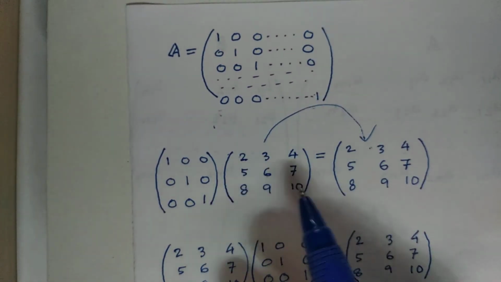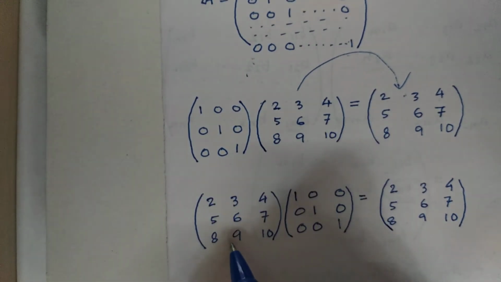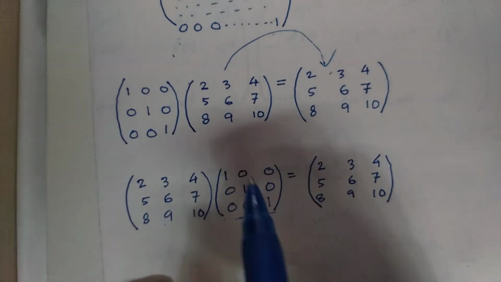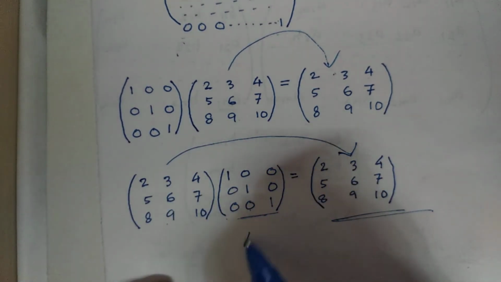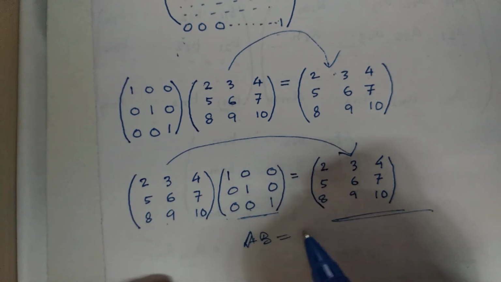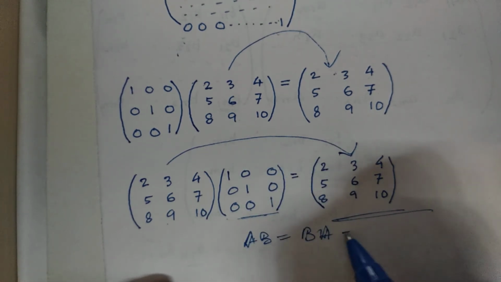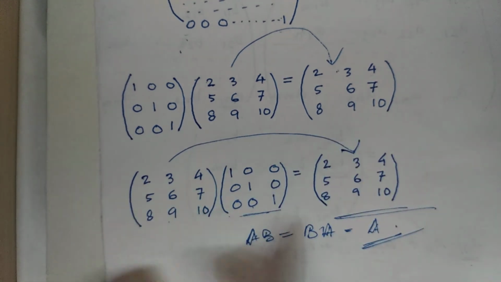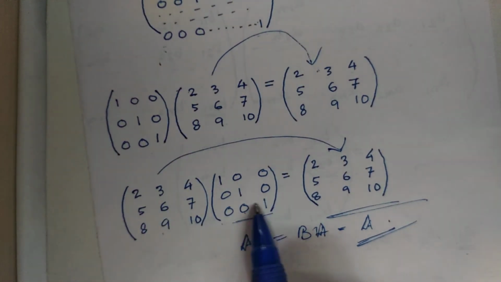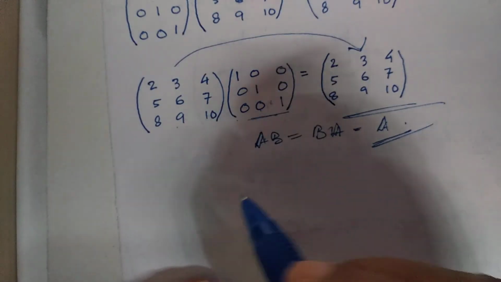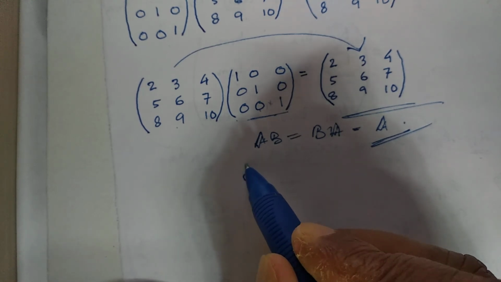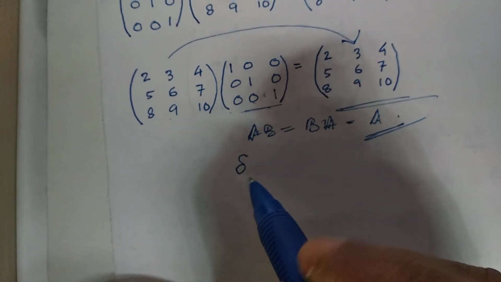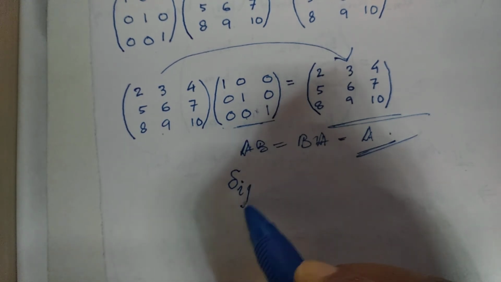And if we take it in the reverse order, if we take the arbitrary matrix on the left and the unit matrix on the right, then also actual multiplication will show that this matrix comes here. So AB equal to BA equal to B. Such matrices are called unit matrices. Any matrix element of a unit matrix is written usually by the Kronecker delta symbol, delta ij.